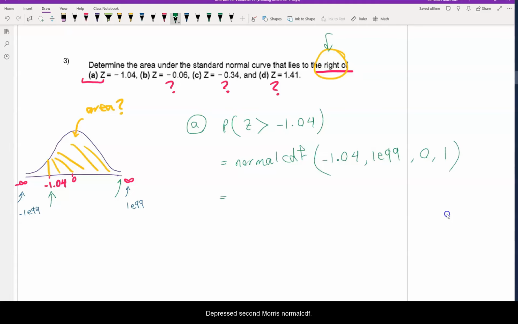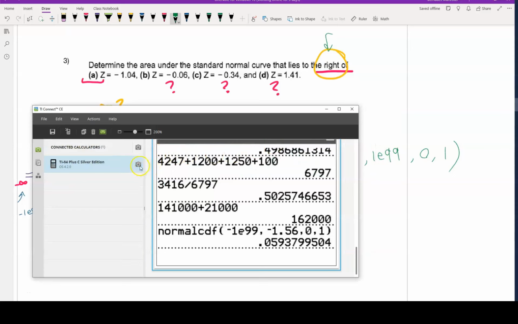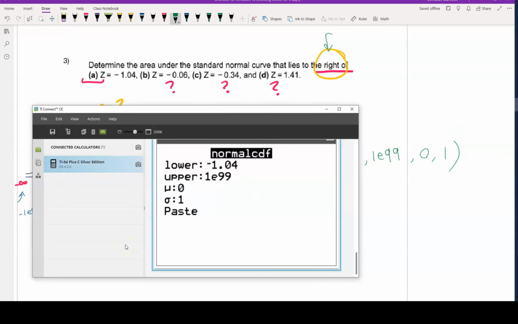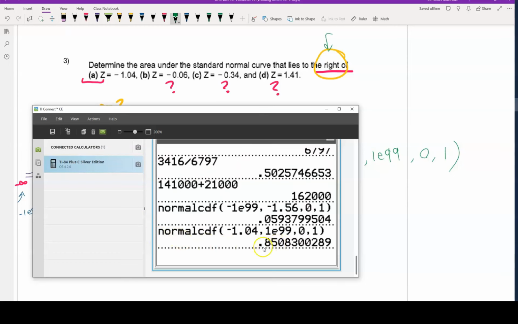So press second VARS, normal CDF, and we have to enter negative 1.04 and 1E99. So this is what we have. Then enter. So our answer is 0.8508, rounded to 4 decimal places.